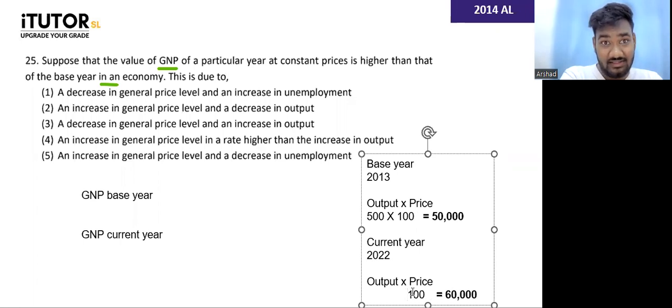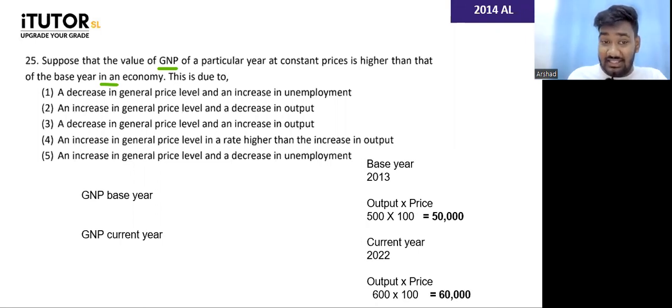Because the output would have increased, right? Do you get the point? The output would have been, for example, 600. That's how the real GNP went up.